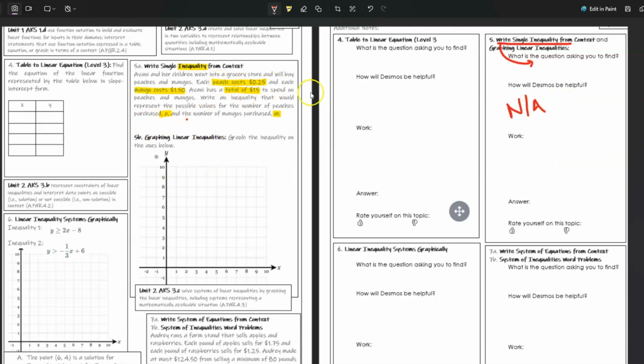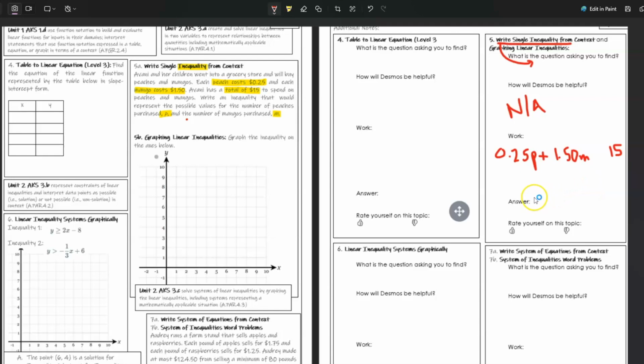All right, so what's my work? So peach is 0.25. So 0.25. And what is the letter they asked me to use? P. Plus, okay, how much is a mango? $1.50. So $1.50 M. Now, I know that my total is going to be 15, but I don't have to spend $15.